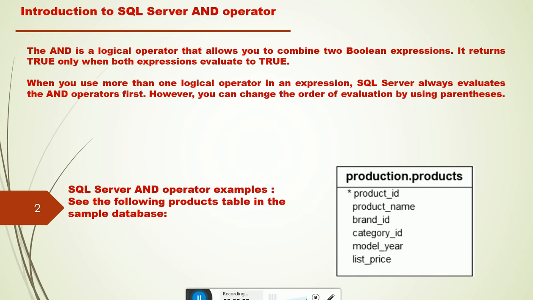The fields of this table are product ID, product name, brand ID, category ID, model year and list price. On the basis of these attributes, or we can say fields, we will perform certain operations using the AND operator. Let's see.